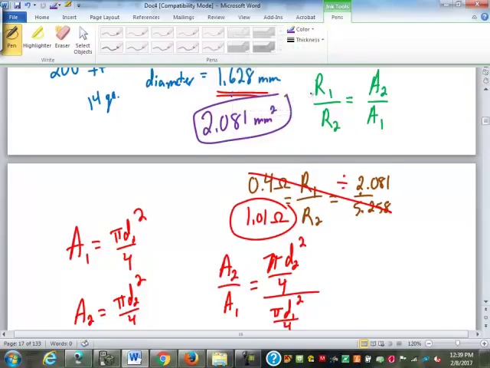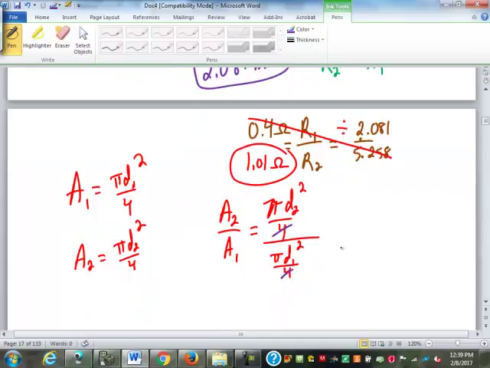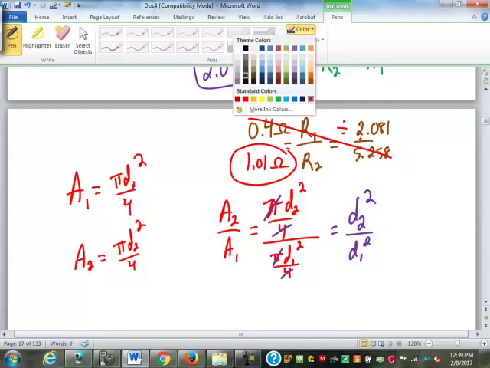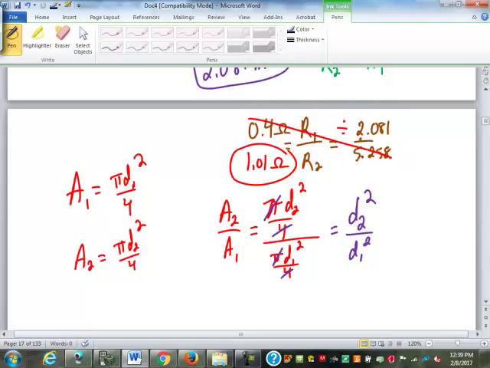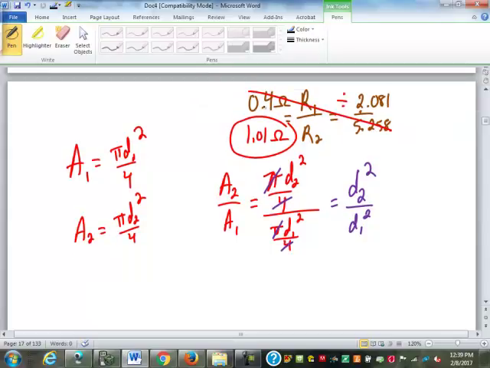Looking at those, we can actually just cancel out the 4s and the pi's. So the ratio of area 2 to area 1 is just the ratio of diameter 2 squared over diameter 1 squared. So we don't have to go through figuring out that radius or that area every time from the diameters or from the radii.